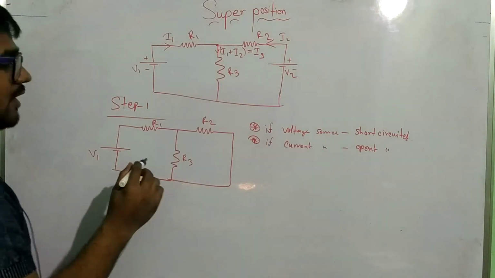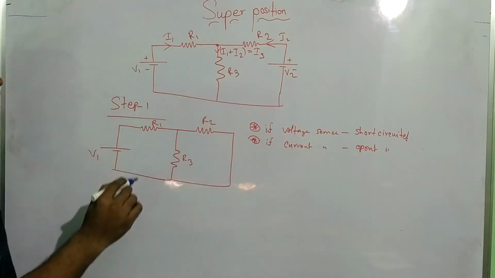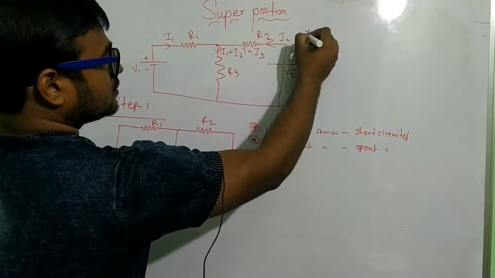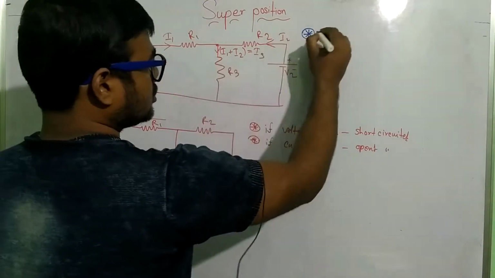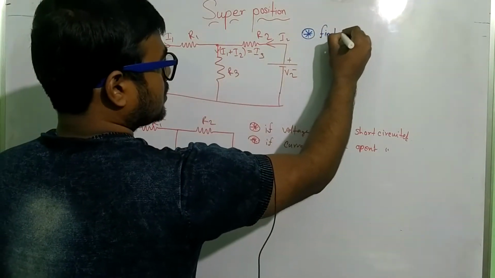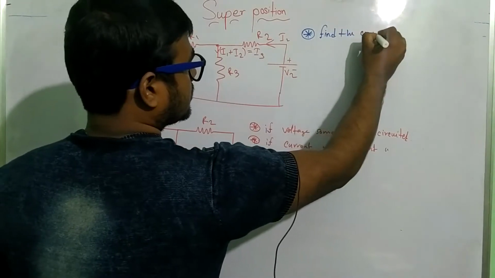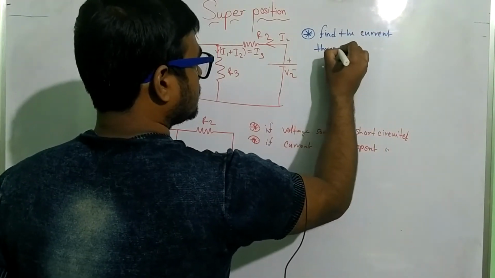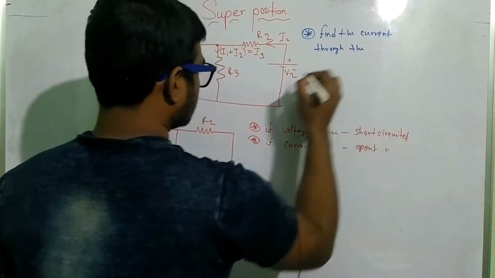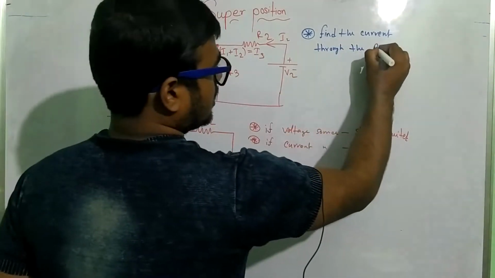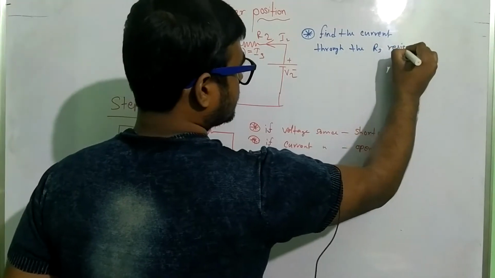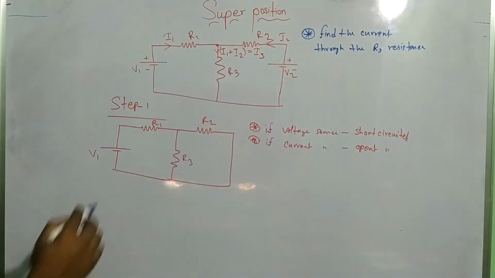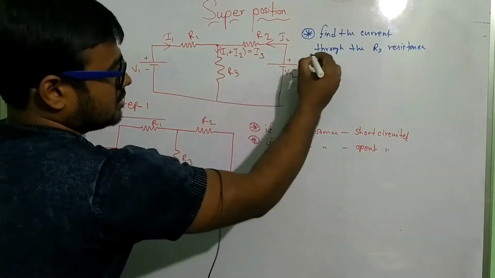Now I am finding the current through R3. So assume the question is: find the current through the R3 resistance.